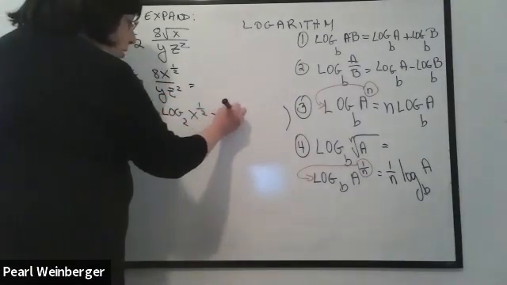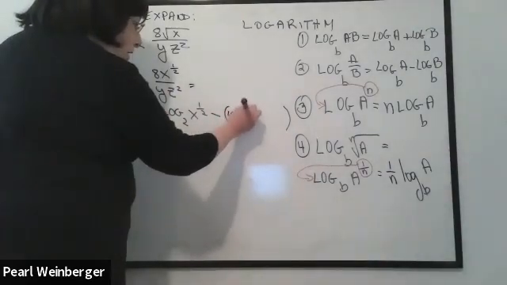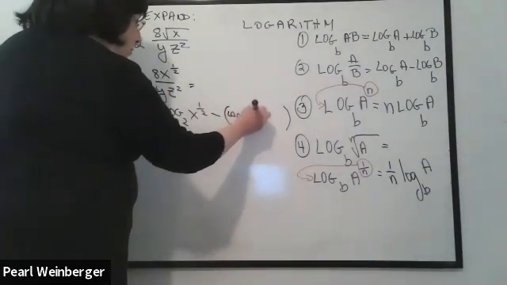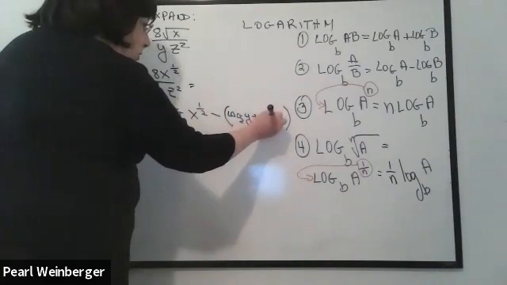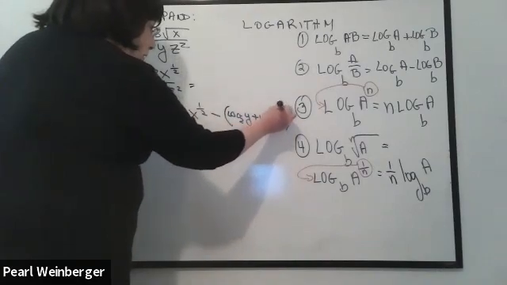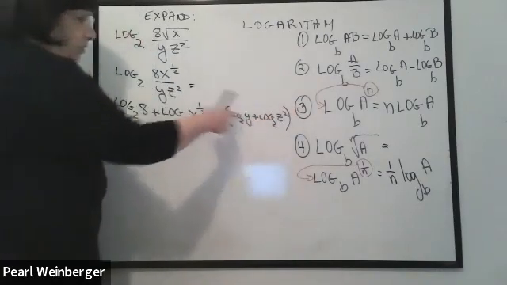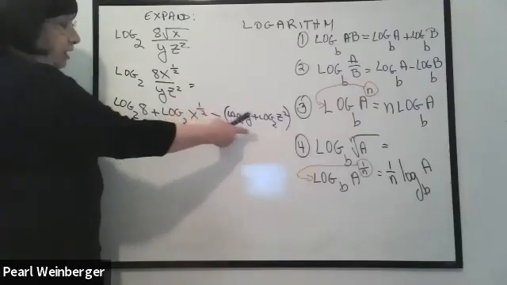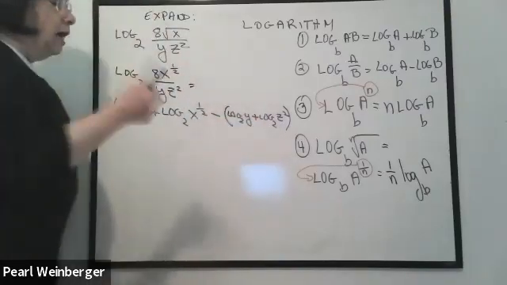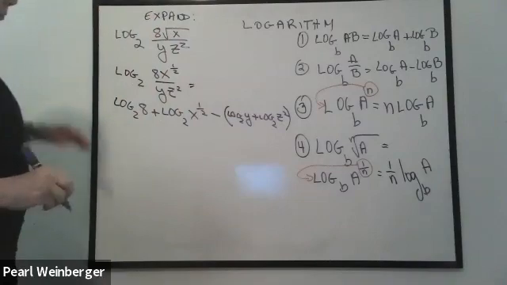So it's going to be the log base 2 of y plus the log base 2 of z squared. Notice I put it in parentheses because both the y and the z squared are in the denominator.